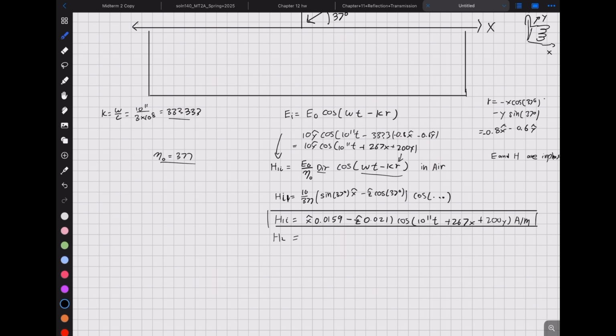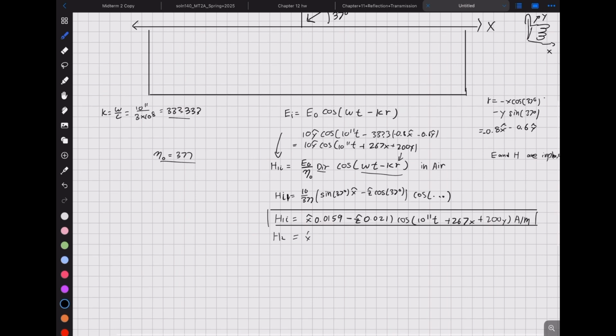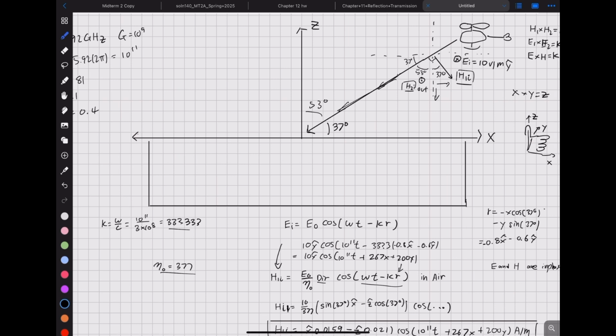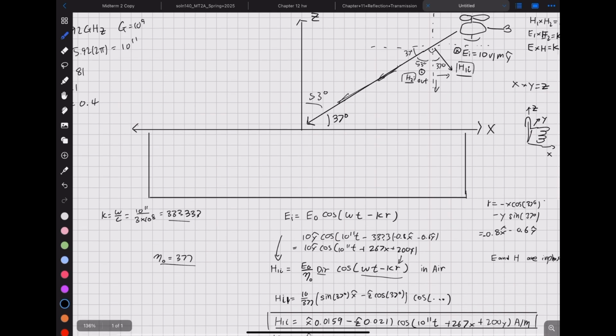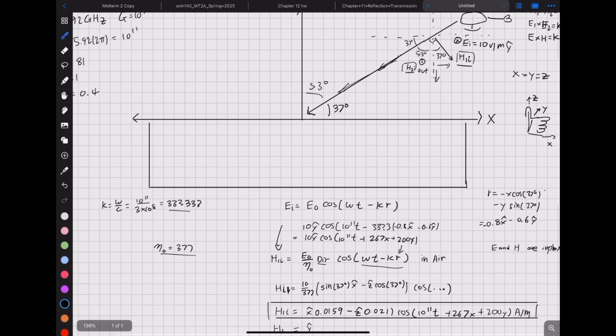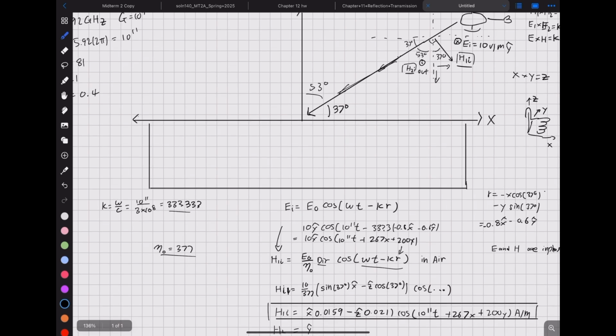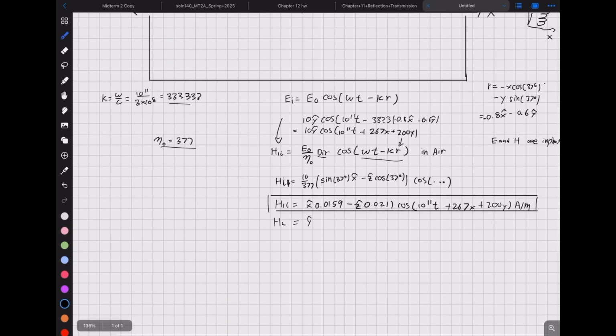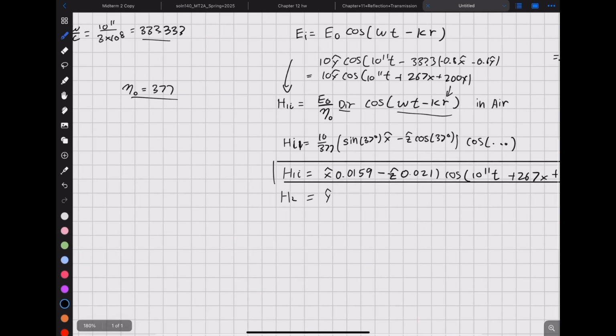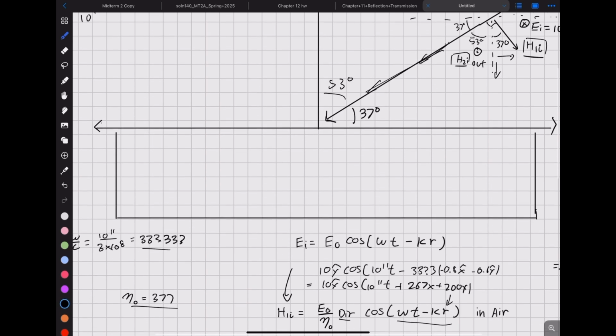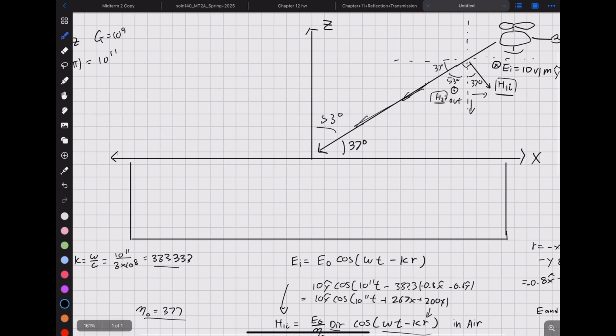Next is our H2. Our H2 is just going to be y hat, since we know from finding the direction in the diagram that it's going to be in the opposite direction but the same magnitude as the E. So we're going to have y hat, and then the equation from flipping it, over 377, and a negative here because it's in the opposite direction of where y should be going.